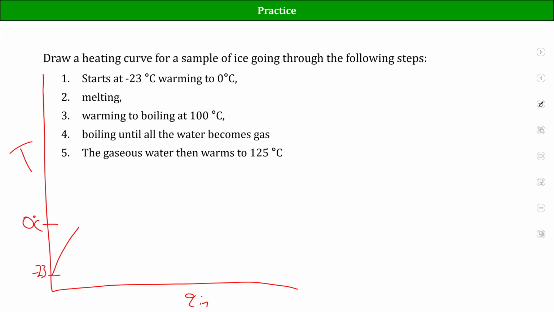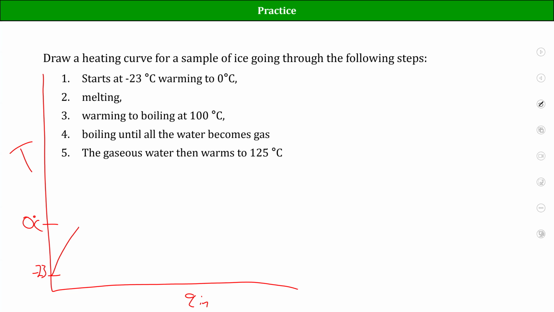If we're doing this for something that's not water, and you don't have the phase change temperatures memorized, then I'll give you the phase change temperatures. For water, I kind of expect you to know that it melts at 0 Celsius and boils at 100 Celsius. But for anything else, if we were doing this for ethanol, or for iron, or literally any other substance, I would have to give you those melting points and vaporization points.